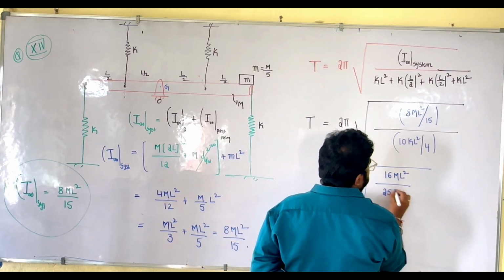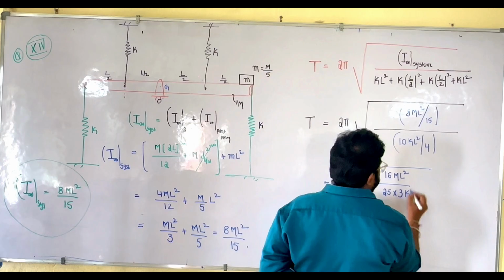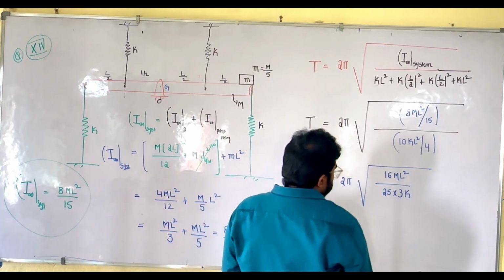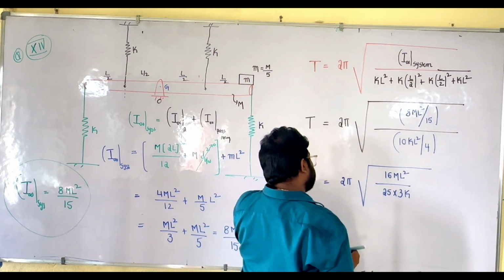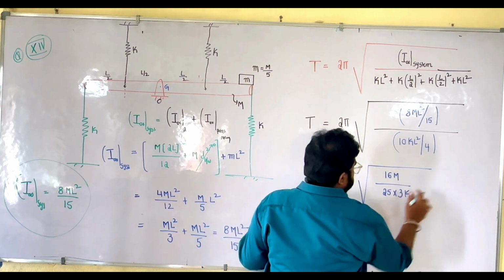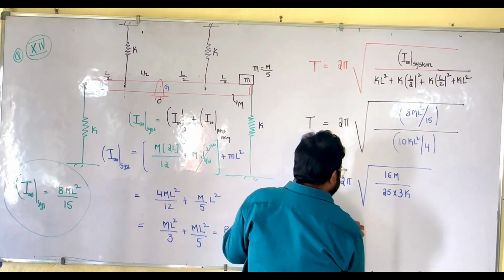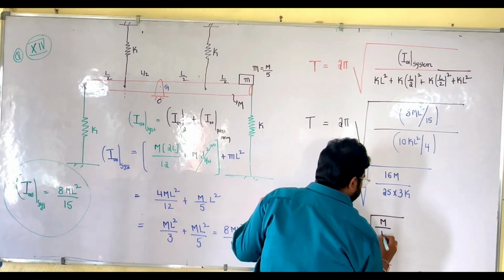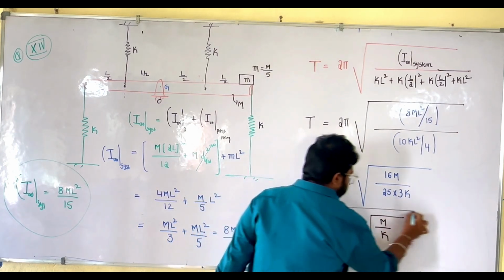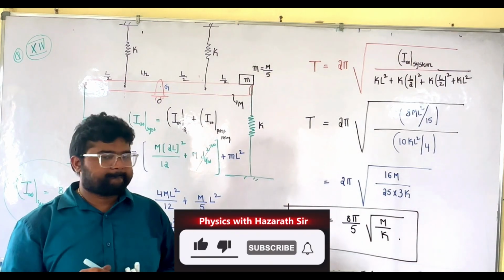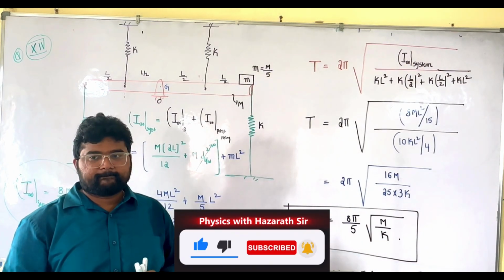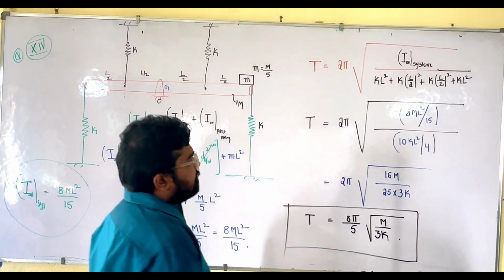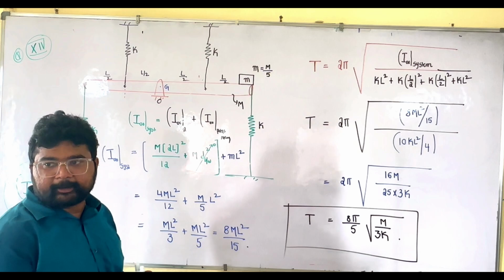This is 16 ml square over 25 into 3 K. Understood? L square gets cancelled out. So 4 by 5 will come out, 2 pi times 4 by 5, square root of m by 3k.